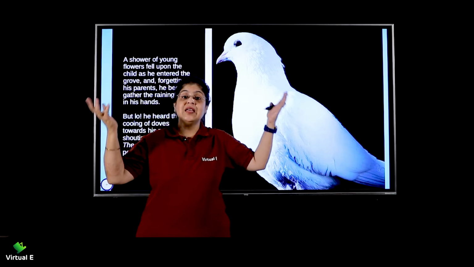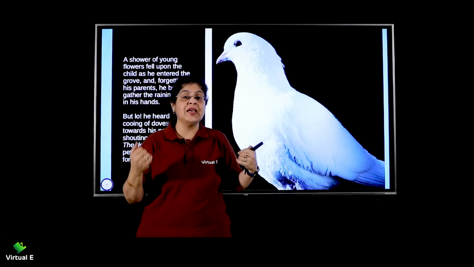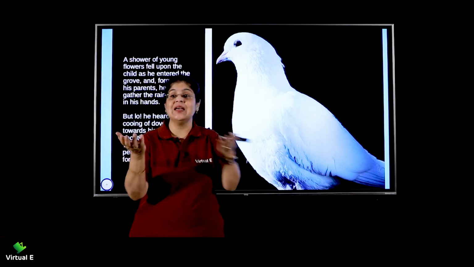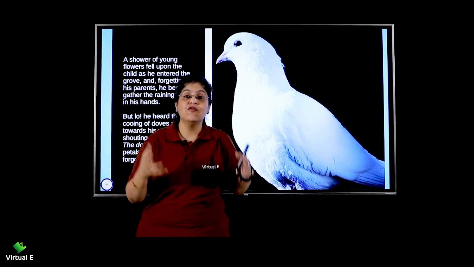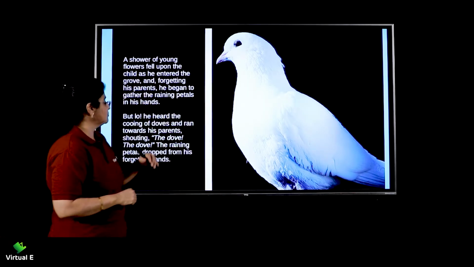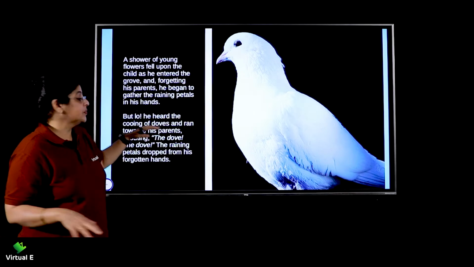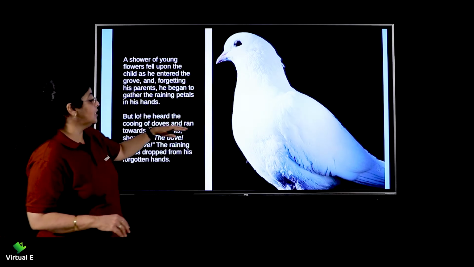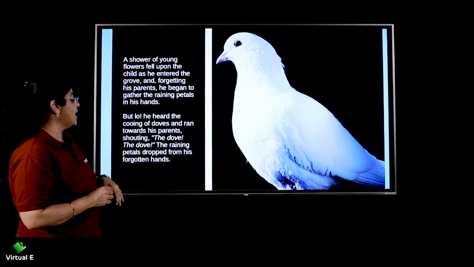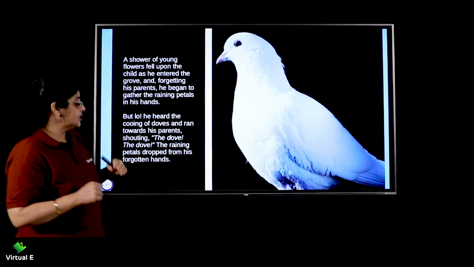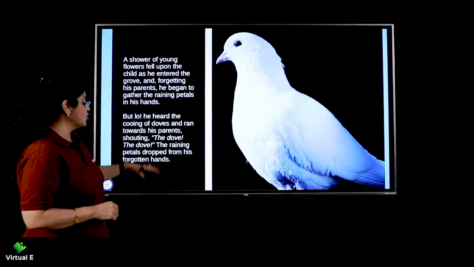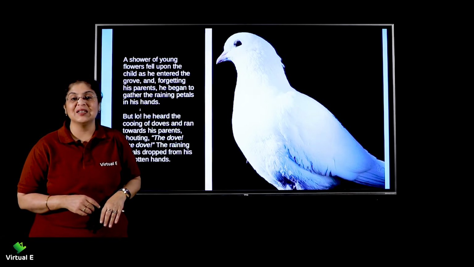So there were some petals that fell on him and he forgot the parents and he started collecting those raining petals. But lo, he heard the cooing of doves and ran towards his parents shouting, "The dove, the dove!" The raining petals dropped from his forgotten hands.